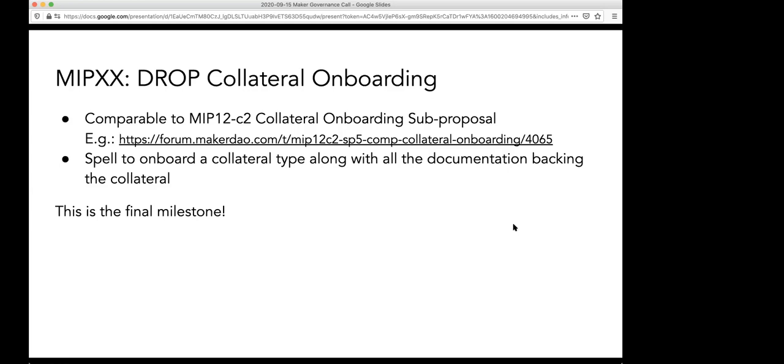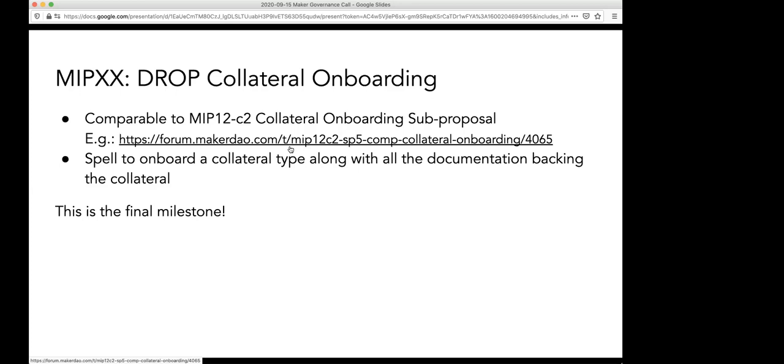In a way, this is very similar to what I've posted as an example here, and I can share those slides later, of what a collateral onboarding would look like for a crypto asset. But it will be slightly different, in differences that I'll go into in a bit.